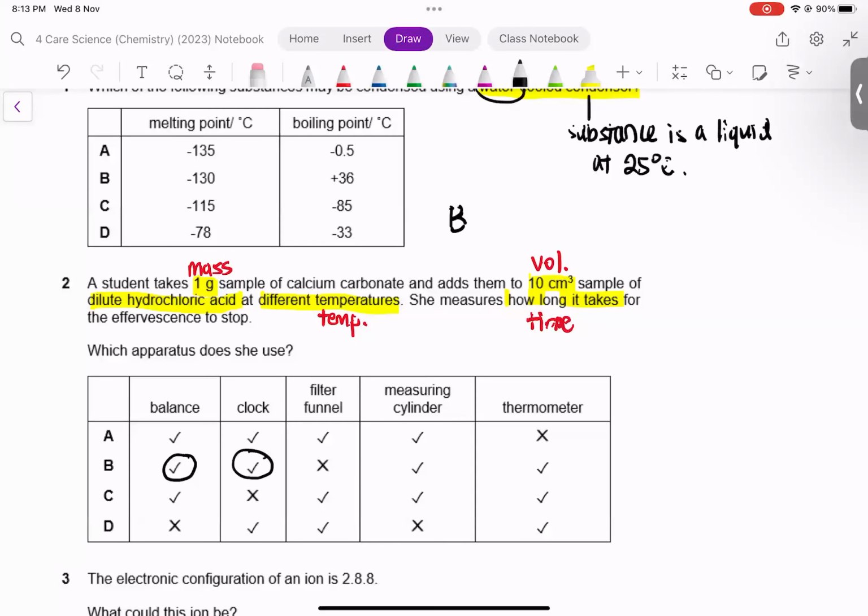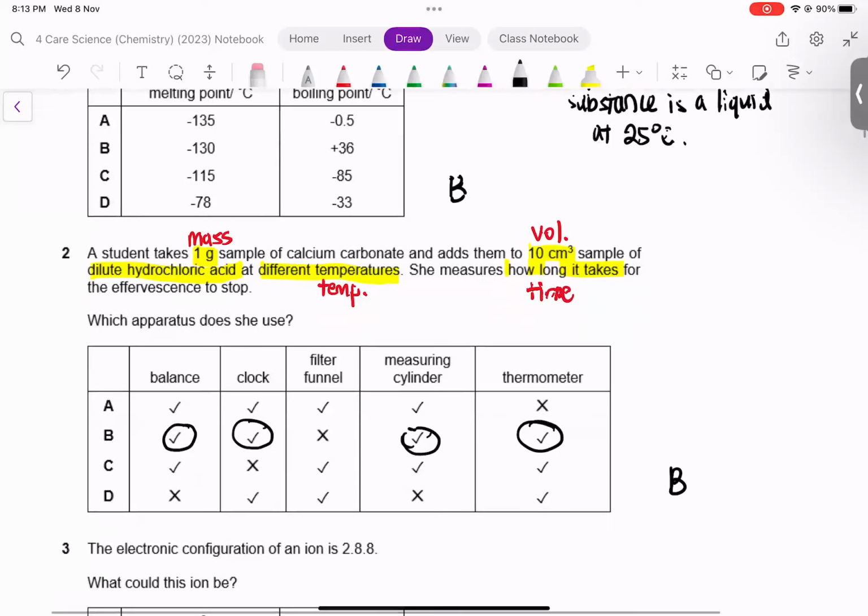You will also need to measure 10 cm cube, either a burette or, in this case, not so accurate, a measuring cylinder helps you measure volume of acid, approximately. Finally, the different temperatures will require a thermometer to measure them. All right, so close reading and highlighting makes a difference, and it ensures that you do not make careless mistakes to do with misreading.